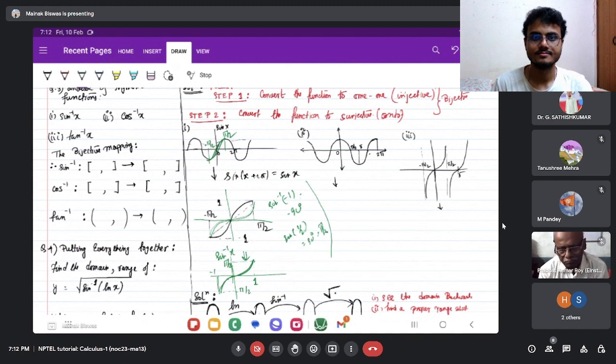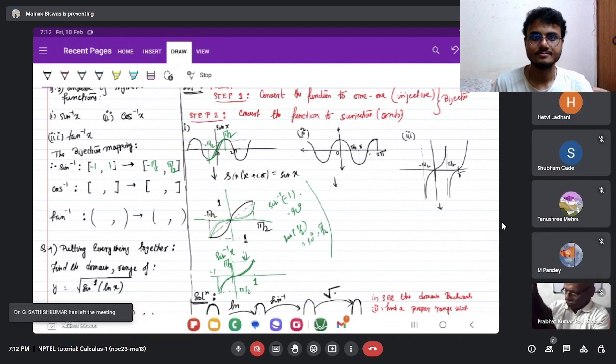Tan is very simple, you can try it. Cos also. I'll just write it: sine inverse domain is between minus 1 and 1, range is between minus pi by 2 to pi by 2, right? This is how we'll define this function. And inverse functions all have to be defined like an inverse table sort of a thing.